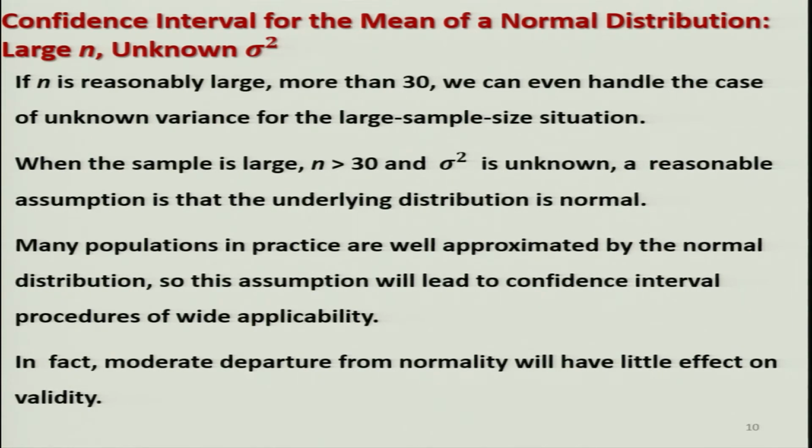So, in such cases, whether you find the critical values from the t distribution or the normal distribution, they are going to be the same. So, when the sample size is large, say more than 30, and sigma square is unknown, then you can also use the critical values z alpha by 2 in place of the critical values t alpha by 2.